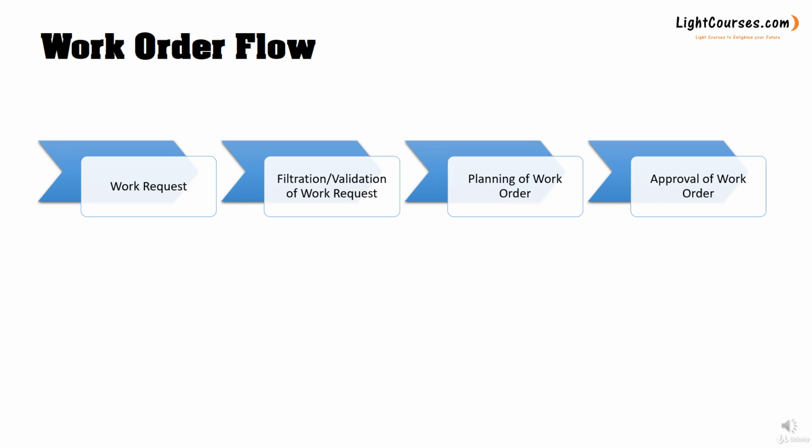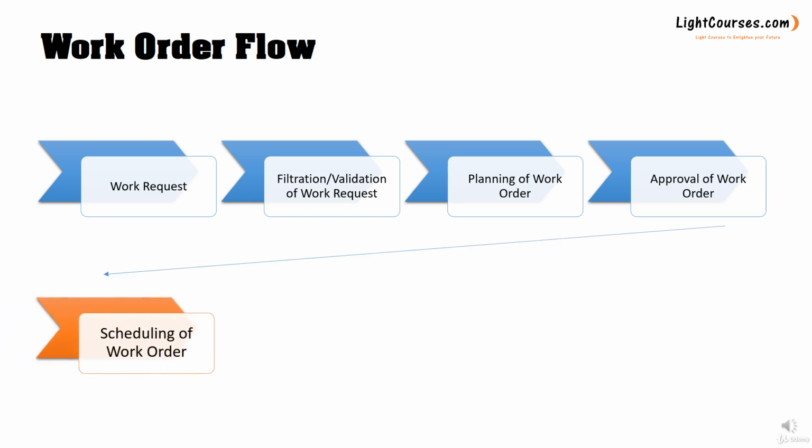If it's not mandatory or not a critical job, it could be postponed or delayed, for example, because it would exceed the pre-estimated maintenance budget. If it's okay, the head of maintenance would approve the work order, and then it goes to the next step, which is scheduling the work order itself.